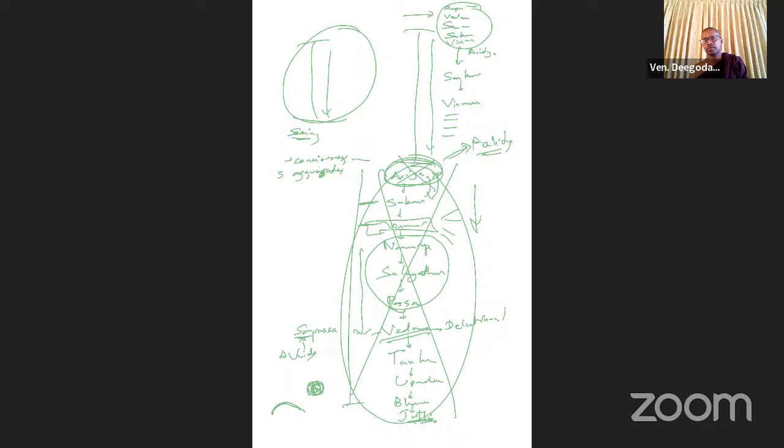So the five aggregates is just the pure perception or pure identification of an object. Is it correct to say that?